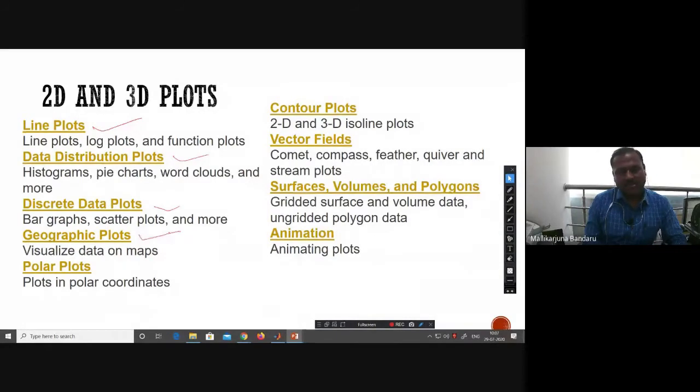Geographical plots is nothing but, suppose in Bangalore, in a certain area, in a certain period. Of course, we have seen COVID-19 related statistical data. Graphically, we are seeing it on the website, right? But how can those be visualized?